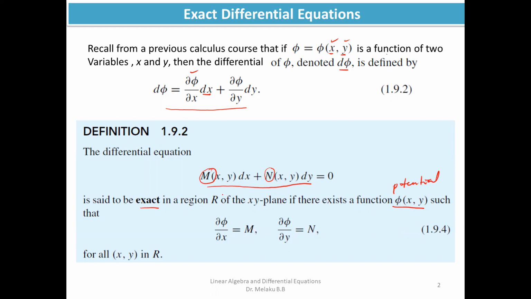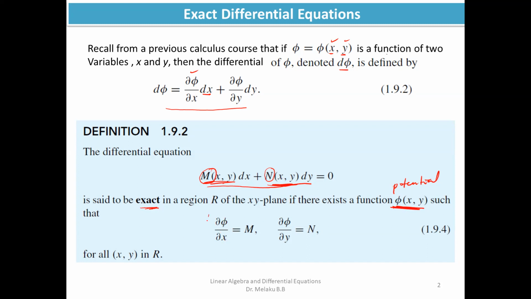So we say that this differential equation is exact in a certain region if there exists this potential function phi, such that the partial derivative of phi with respect to x gives you M of x, y, and its derivative with respect to y gives us N of x, y.